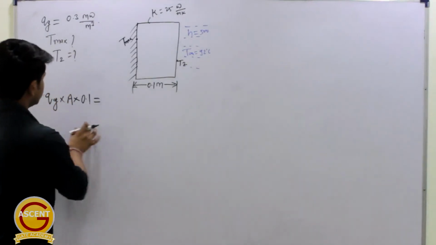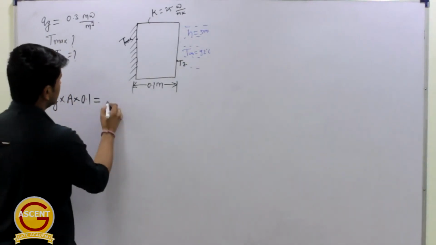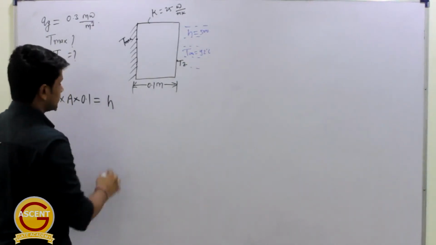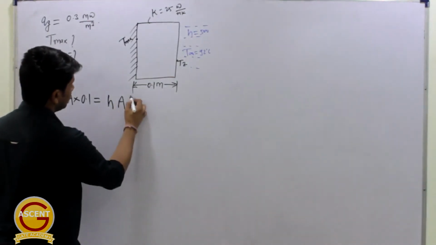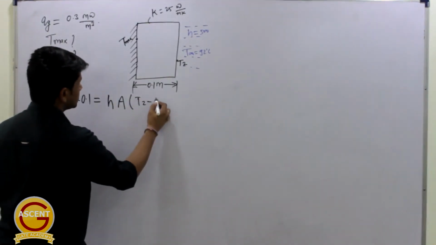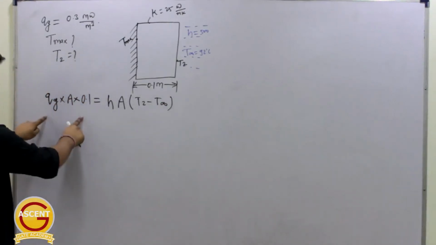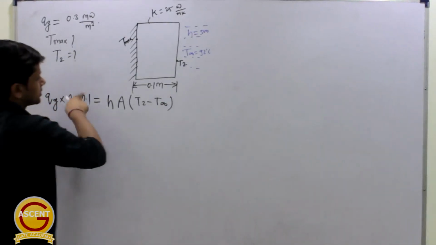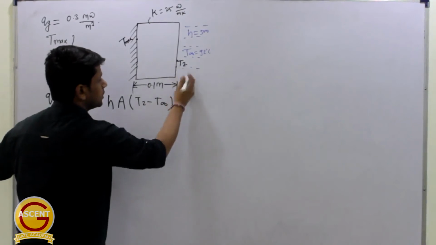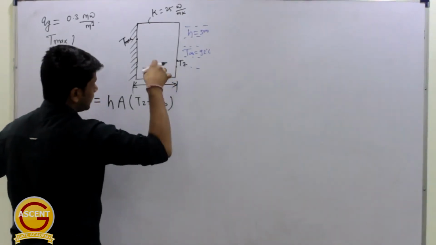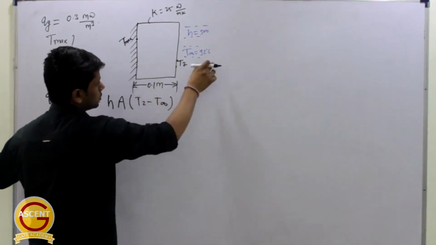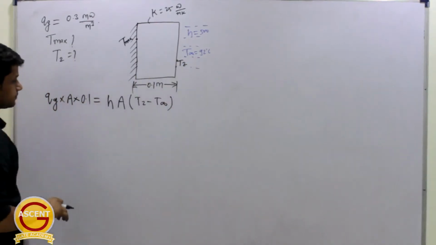So can we write this heat generation will be equal to convective heat transfer coefficient of fluid into A into T2 minus T infinity, correct or not? So whatever heat is getting generated, it must leave by conduction to this right phase, and that amount of heat will go to this fluid also by convection.